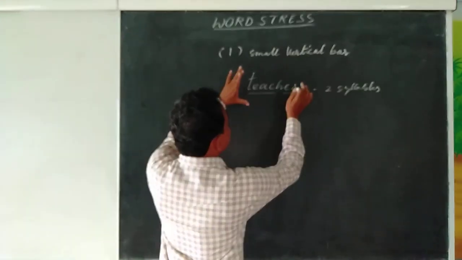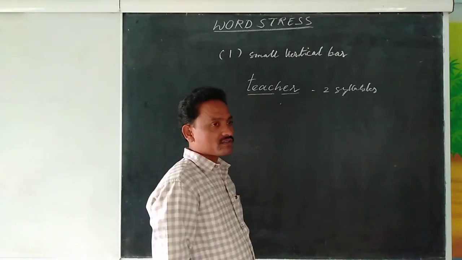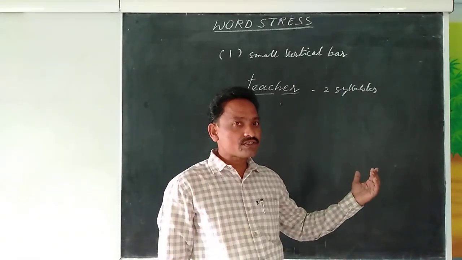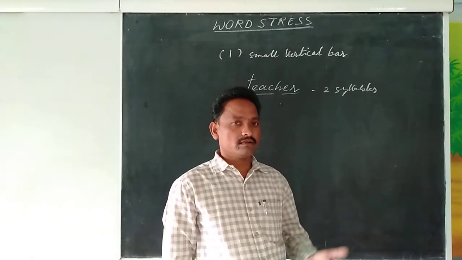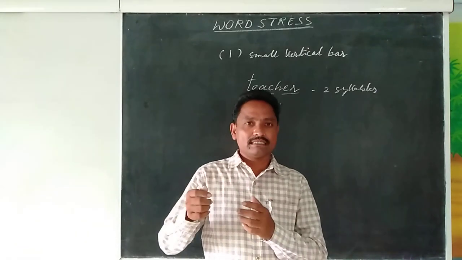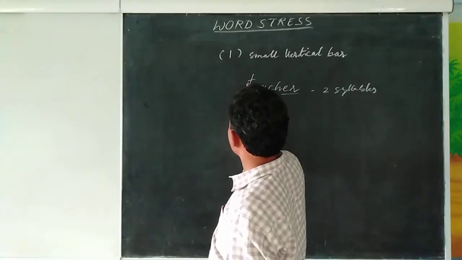Suppose when you come to this particular word teacher, the first syllable is pronounced teach, then the second syllable. So here more prominence, that is the extra force, is used on the first syllable.